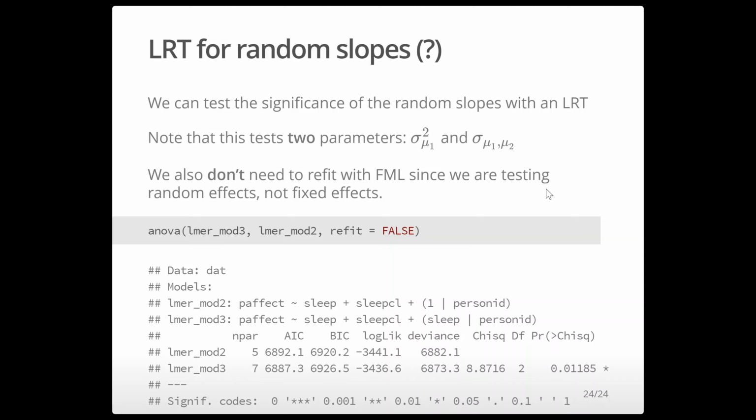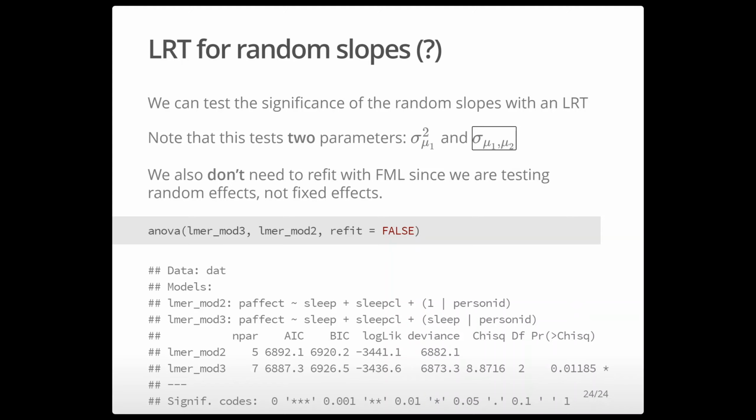And I set refit equals false, because since we're testing random effects, we can use restricted maximum likelihood. We don't have to refit with full maximum likelihood. And note that our degrees of freedom here are 2, because we're testing both the covariance and the variance, so this is the variance of the random slopes and the covariance between the random slopes and random intercepts.